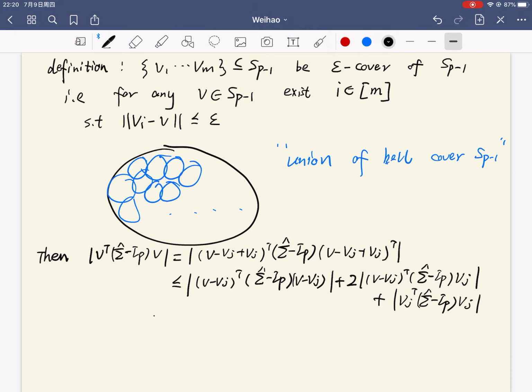It can still be upper bounded by the definition of the epsilon cover.